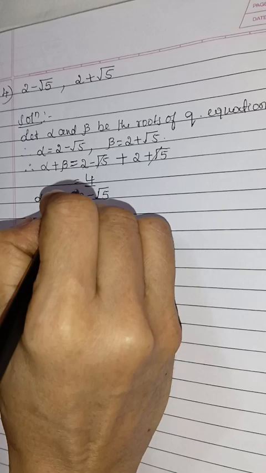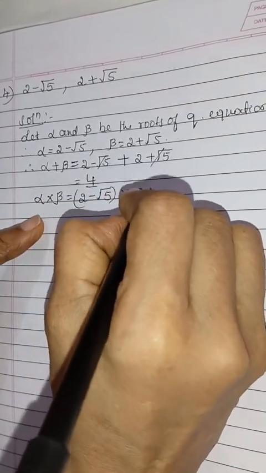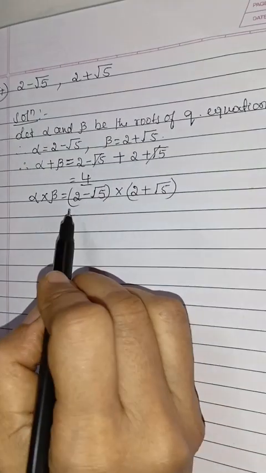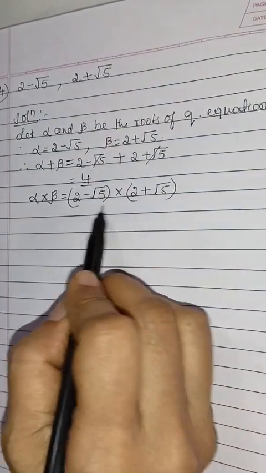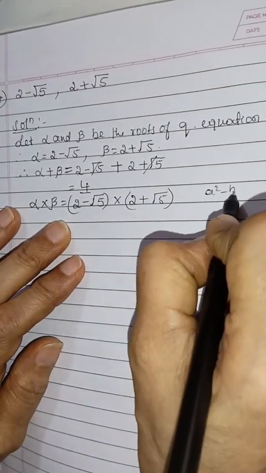Now alpha into beta is 2 minus root 5 into 2 plus root 5. This is in the (a plus b) into (a minus b) form, which is a square minus b square.